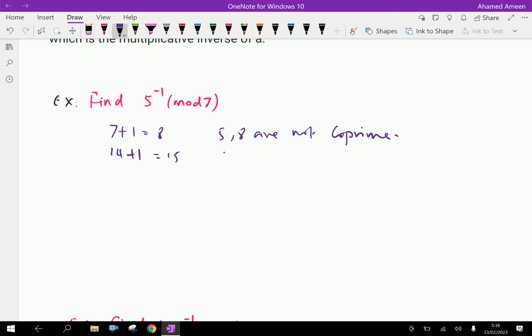Here 5 and 15 are not co-prime, the GCD of 5 and 15 is not 1.